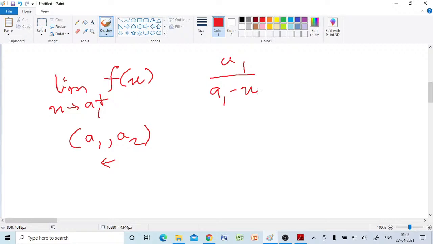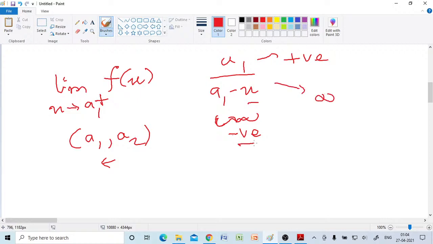Now if you approach a1 from the right hand side, you can clearly see that a1 minus x is actually a negative number, and we are already told that a1 is positive. We know that if x approaches a1, then this entire entity approaches infinity.